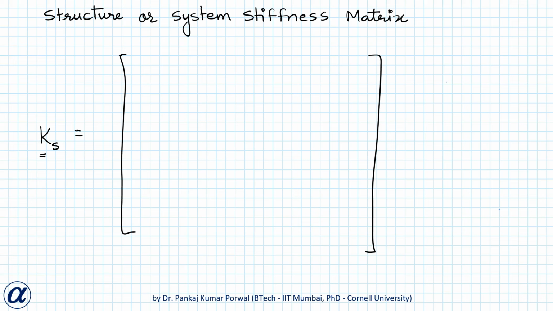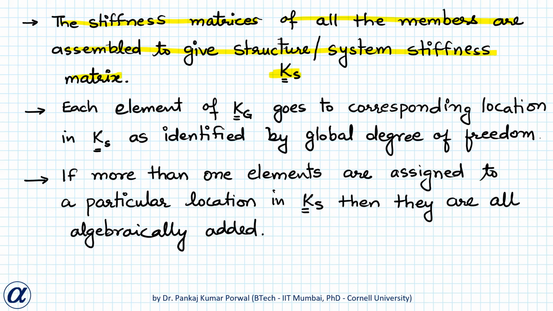So I can write 1x, 1y, 2x, 2y, 3x, 3y for each of the columns, and similarly 1x, 1y, 2x, 2y, 3x and 3y for each of the rows.